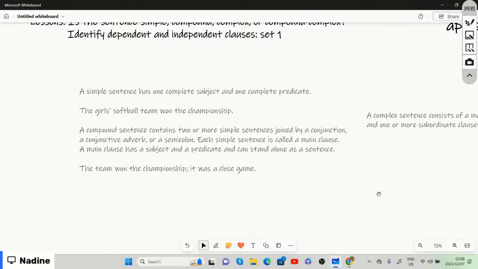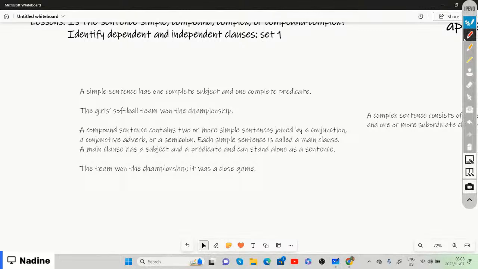For example, the girls' softball team won the championship.